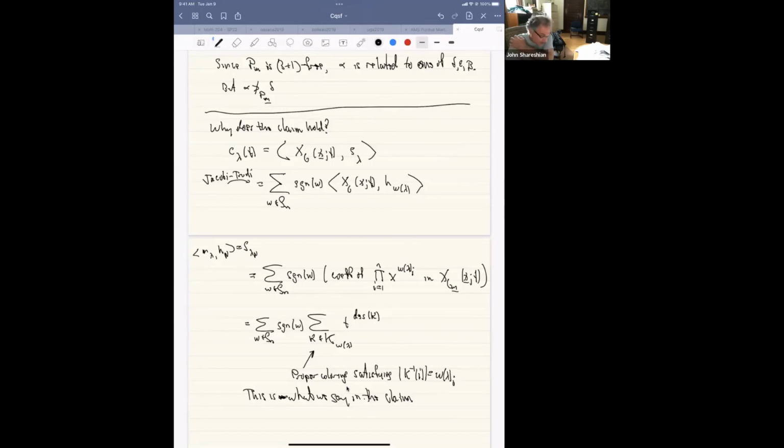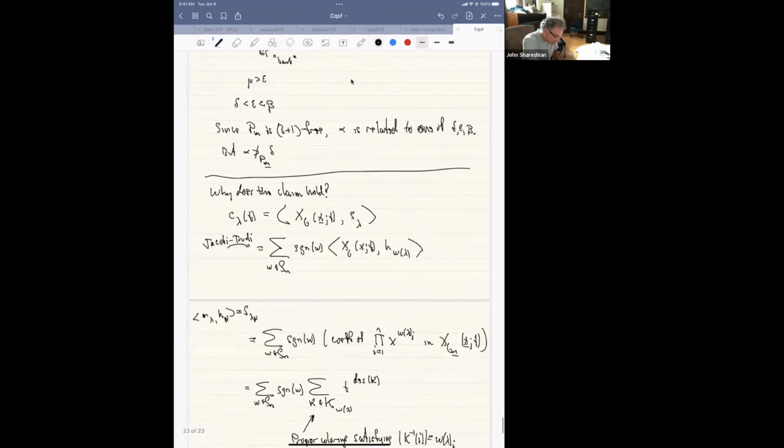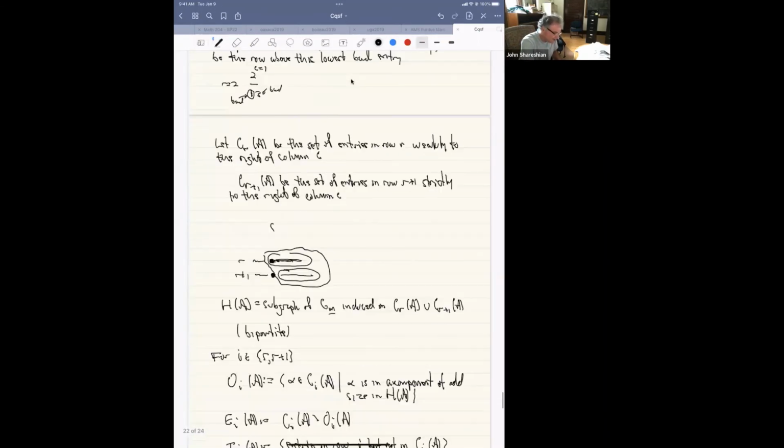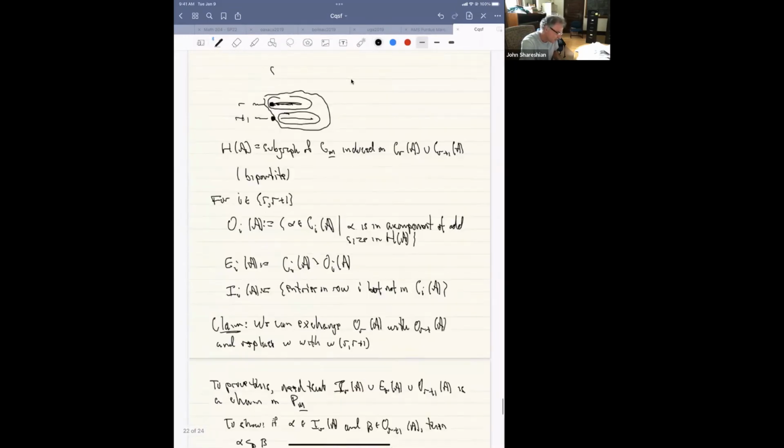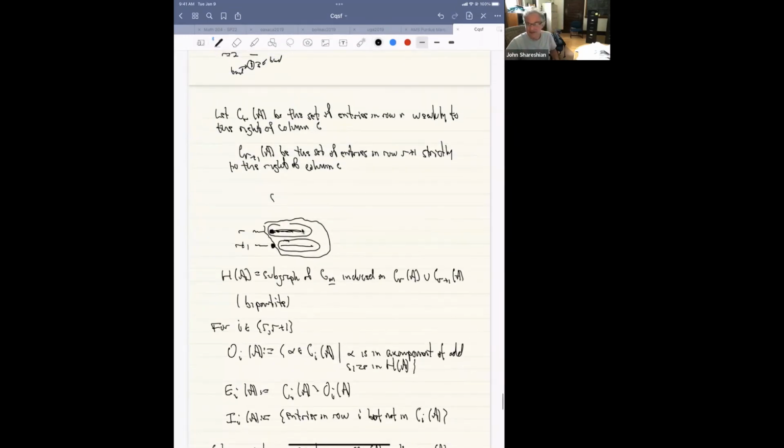These ideas, like I said, are all due to Gessel-Viennot. They aren't ours, and I think they're very beautiful, clever ideas. What we had to do was figure out the right sign reversing involution. He just needed any sign reversing involution. We needed a sign reversing involution that preserved inversions, so we had to look around a little and find the right one.